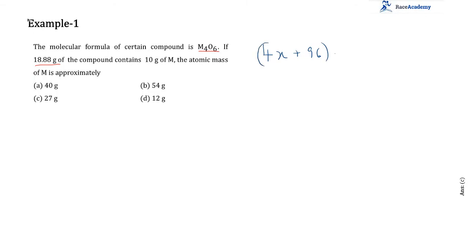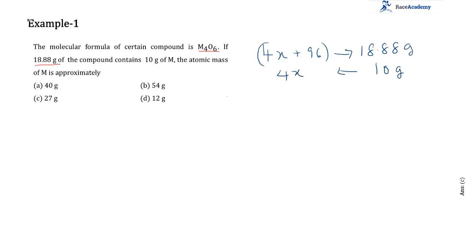Actually, it is given that 18.8 parts, when it contains 10 grams of M. So 18.8 grams contains 10 grams of this M. So when it contains 10 grams of M, that M according to the formula is 4x.